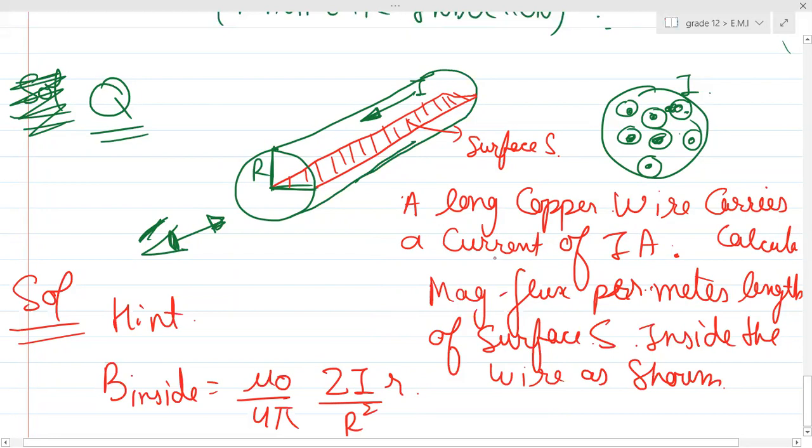See this formula for a solid conducting current carrying wire. This is the magnetic field inside, right? And please remember, this magnetic field depends on the distance from the center.